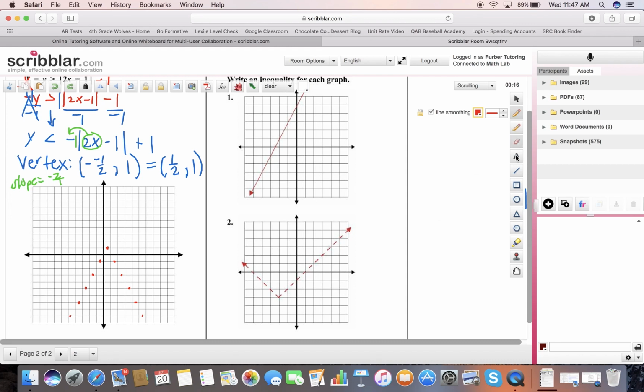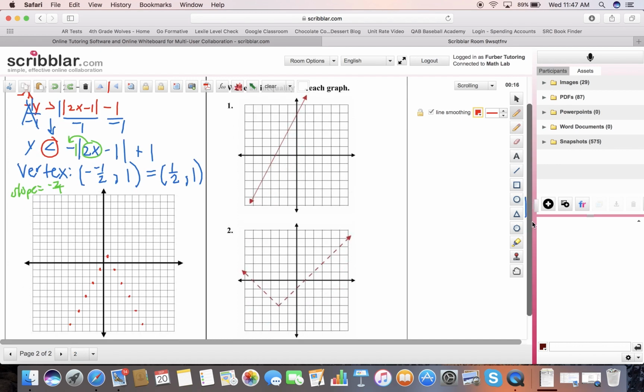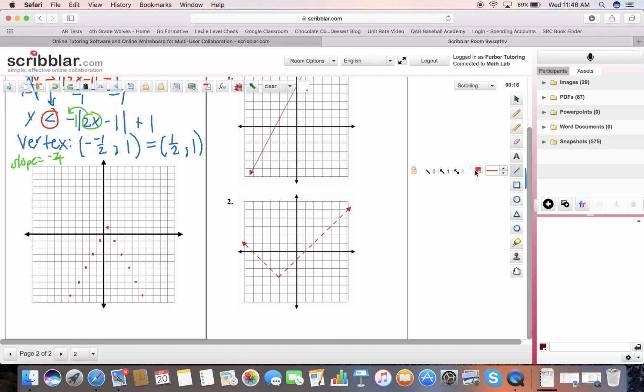And now I'm going to go ahead and put in a line, but what kind of line do I need? You have to go back to the symbol. The symbol is now a less than symbol, and it does not say or equal to. So that means that the line is going to be a dotted line. I'll draw the line both ways and then draw the arrows on the end.